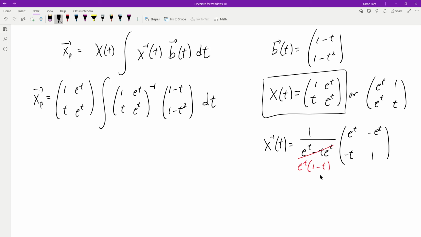But let's try to see if I can rewrite this. So I'm going to write this as this. If I multiply this into e to t, I just get 1 over 1 minus t. If I multiply by negative e to t, I get negative 1 over 1 minus t. If I multiply that to negative t, I write this one: negative t e to negative t over 1 minus t.